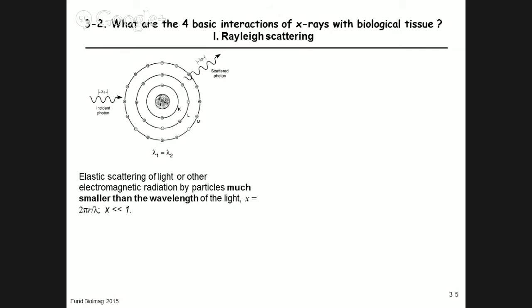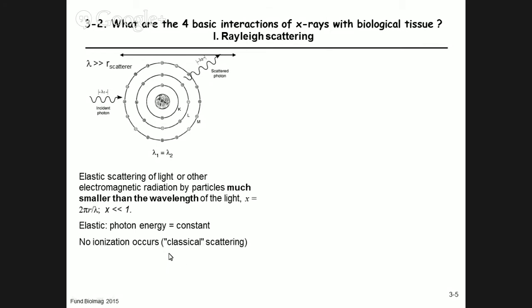So that's the condition here, that the dimensions of the object are smaller than the wavelength. It's an elastic scattering, so the light does not change its wavelength. Whatever color it has coming in, it's the same color coming out. And there is no ionization occurring, so it's classical scattering.